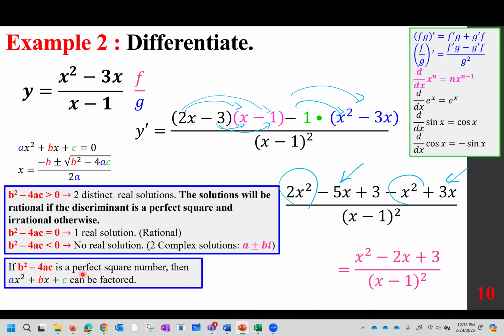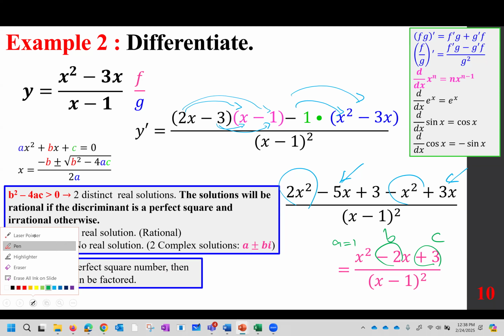If b squared minus 4ac is a perfect square number, then ax squared plus bx plus c can be factored. Now, as we look at this one, a is 1, b is negative 2, c is 3.